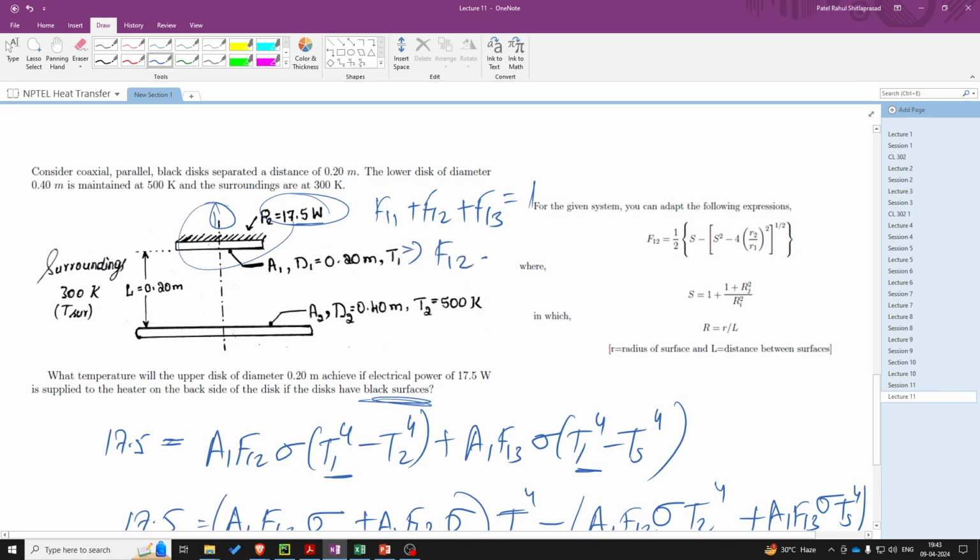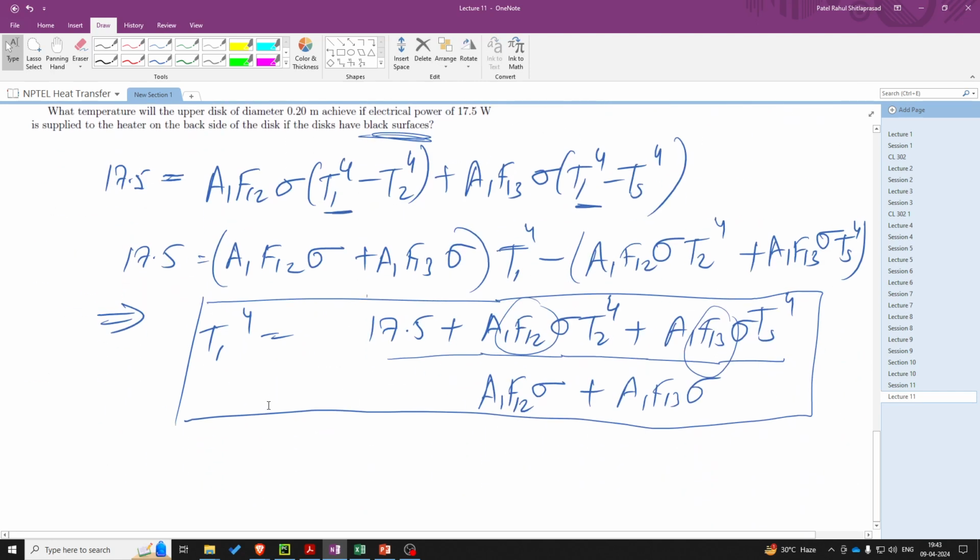So this will give us F12 plus F13 is equal to 1. Now F12 we can calculate by using this formula, and then we can put it over here in order to find the value of F13. So let's first calculate the value of F12.